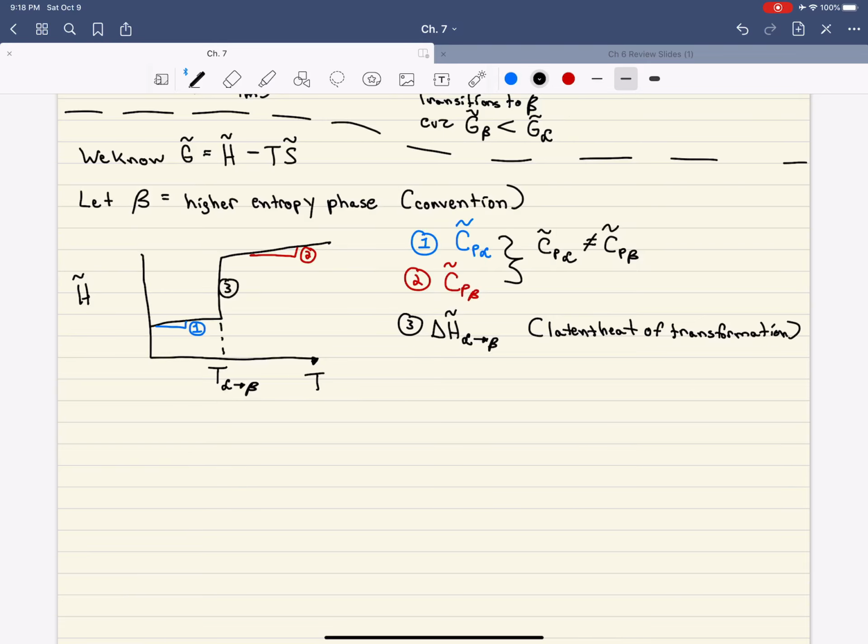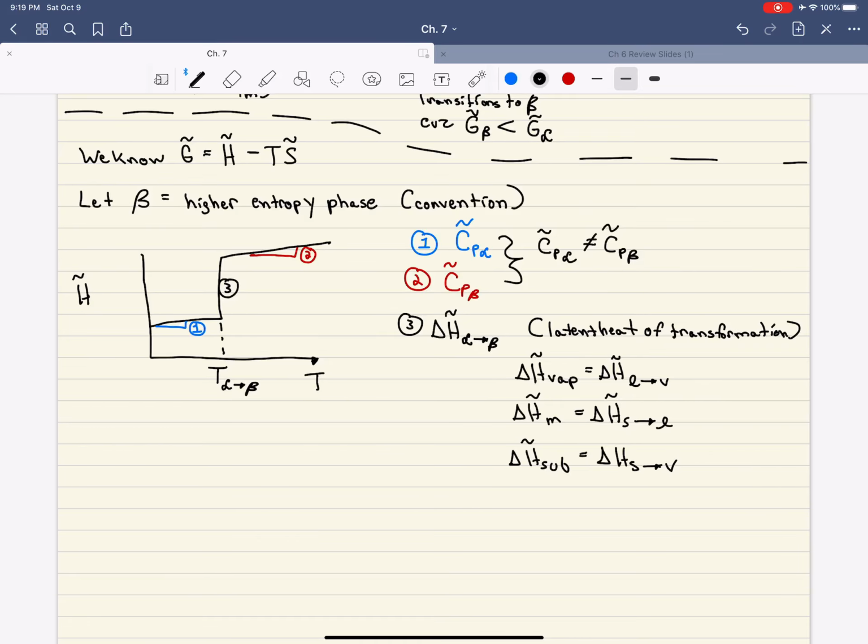You have different types of latent heats. You have the latent heat of vaporization, or enthalpy of vaporization, when you go from the liquid to the vapor phase. You have your enthalpy of melting, where you go from the solid to the liquid phase. And you also have the enthalpy of sublimation, where you go from the solid phase to the vapor phase.